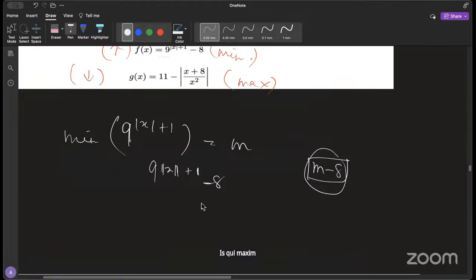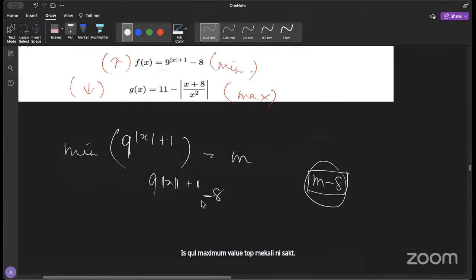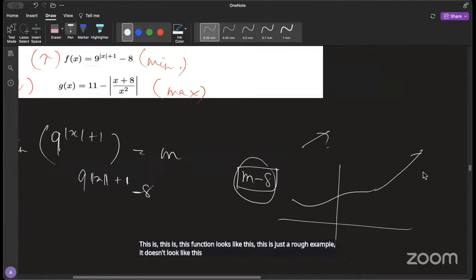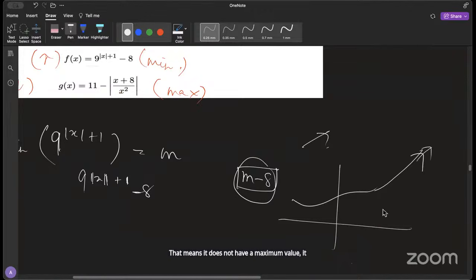You can't find the maximum value of this, because this is an increasing function. This function looks like this; this is just a rough example, to show that it is an increasing function. That means it does not have a maximum value. It keeps increasing, but it has a minimum value here.